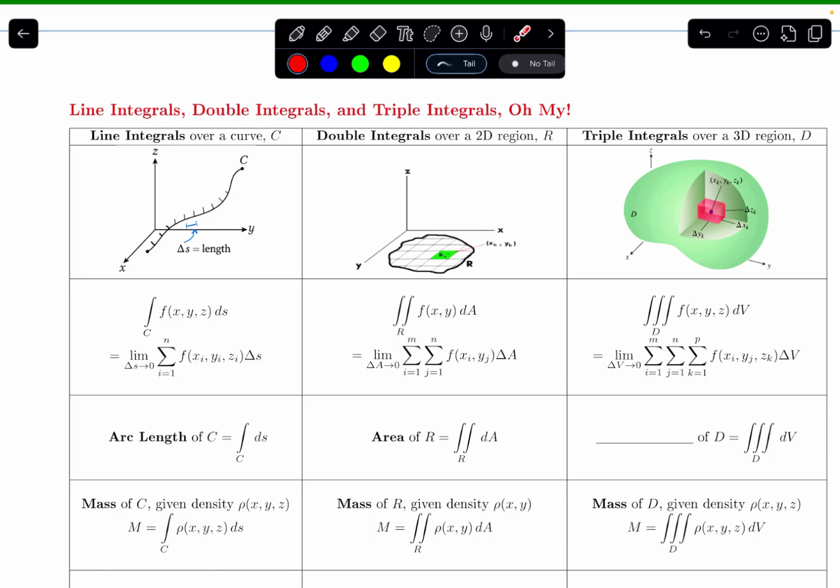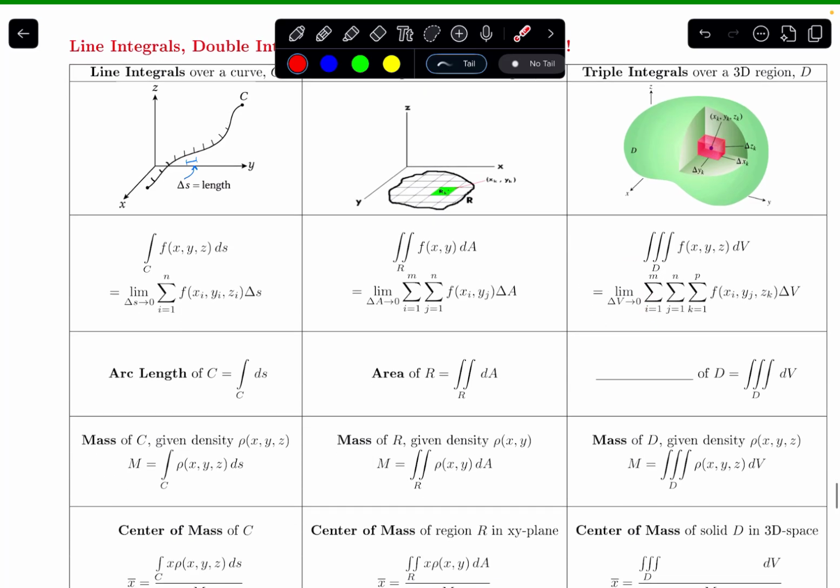With a two-dimensional region R, we now needed a double Riemann sum. And when we took the limit as the area of these small sub-pieces approached zero, that defined this double integral. With triple integrals, there's a similar sort of thing, except I would need a triple Riemann sum, and I would have to take the limit as the volume of these tiny pieces approaches zero to define this triple integral.